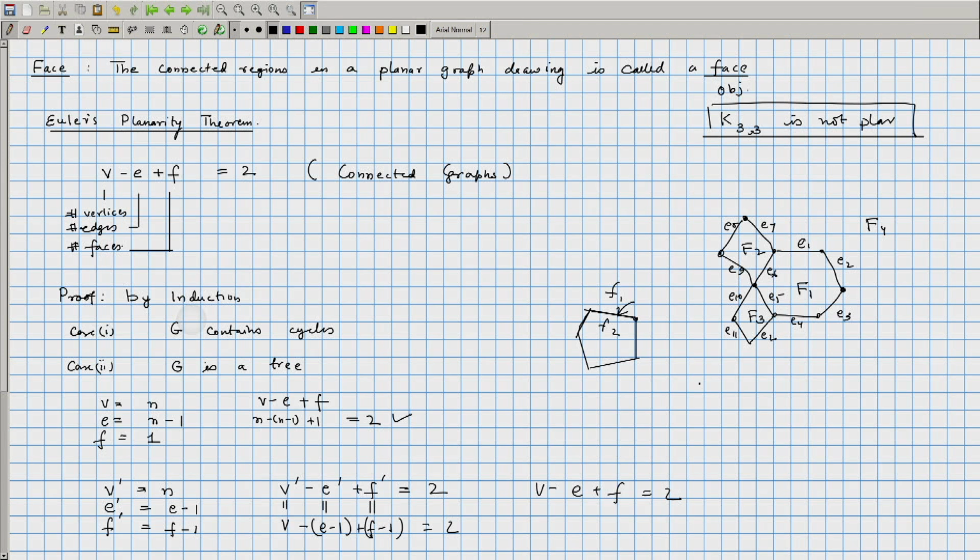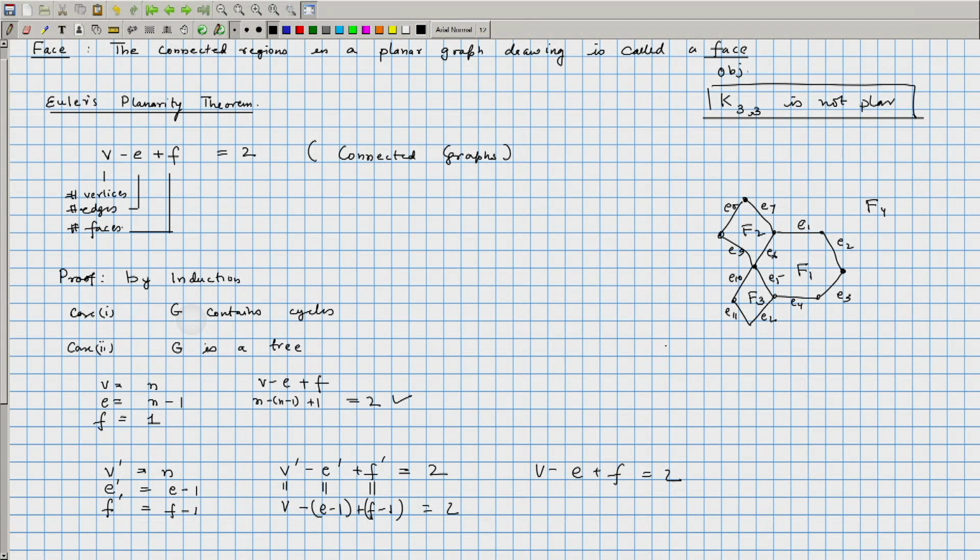Okay. So, associated with each face, we can have this number Fi, this denotes the number of boundary edges. Okay. So, if you sum up these Fi's over all the faces, what you will get is 2 times the number of edges. Okay. Now, if you take a simple graph, each face is going to have a boundary with at least 3 edges.